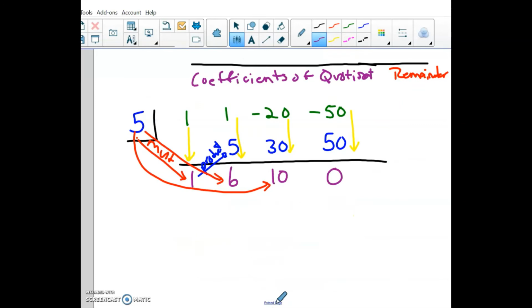So the purple numbers at the bottom, the 1, the 6, and the 10, become the coefficients of the answer. So we will have 1b squared plus 6b plus 10, and this is telling us we have no remainder.